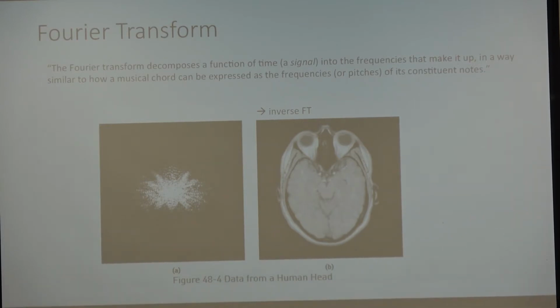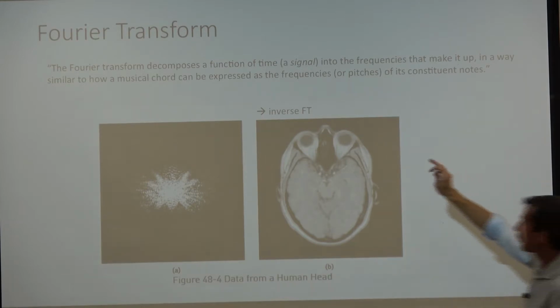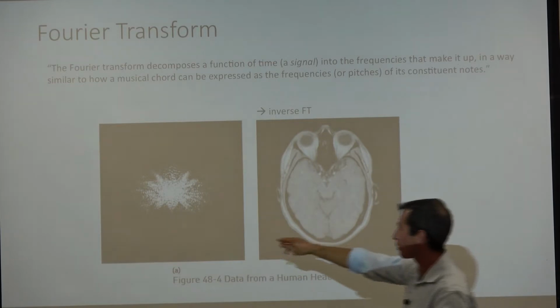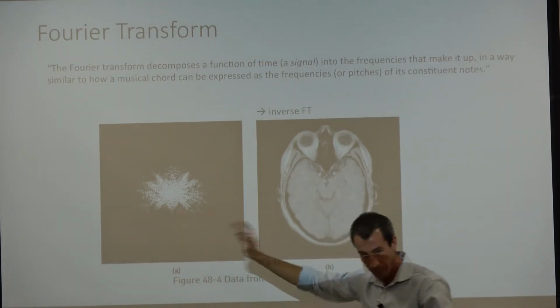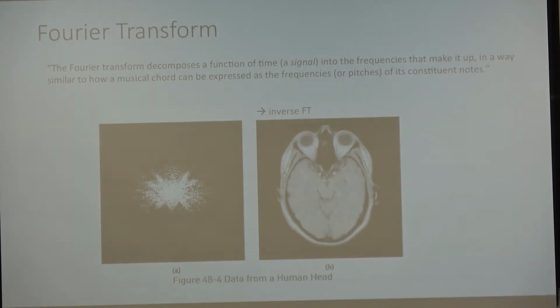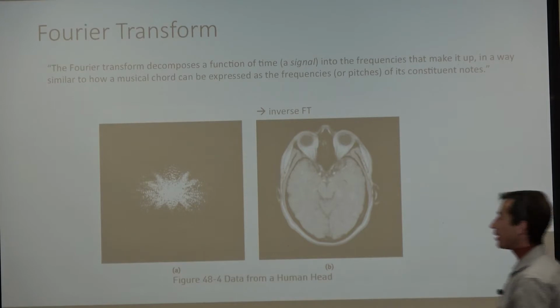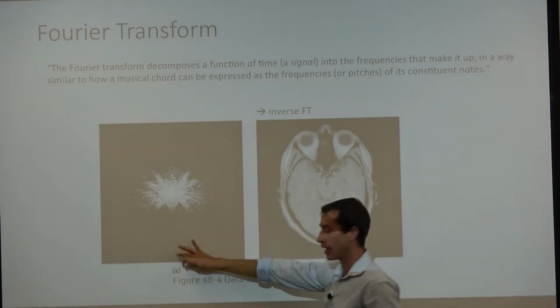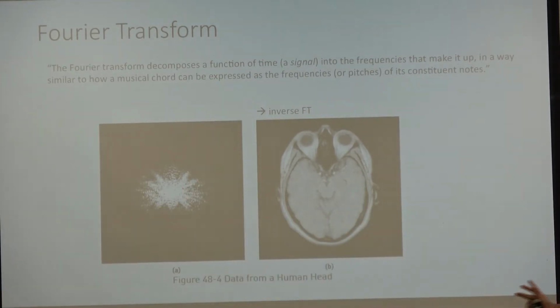How many protons are in your brain, and they're all relaxing with these different frequencies. So it would be this huge mess, right? What MRI does is an inverse Fourier transform. This is the raw data that comes out of the MRI instrument. You do an inverse Fourier transform and then it looks like a skull. Isn't that amazing?